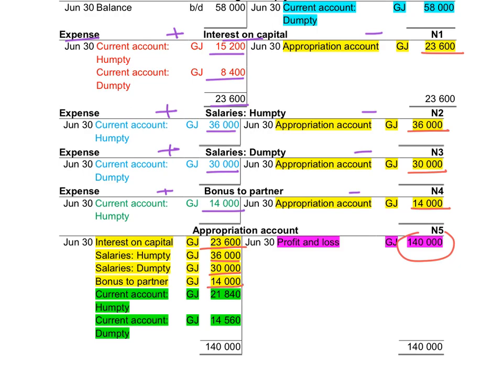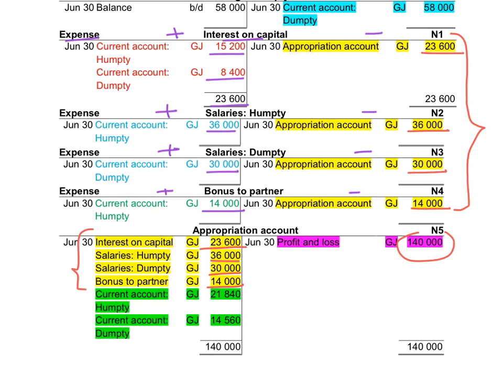So that indicates that all these expenses that we created when we did the adjustments, because they are all nominal accounts, must be closed off to the appropriation account, because at the end of the year we can't have any balances in any of the nominal accounts.